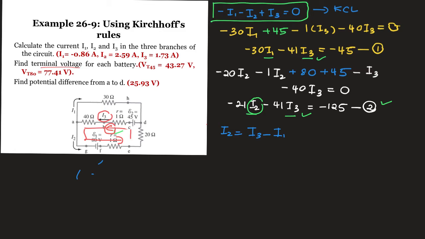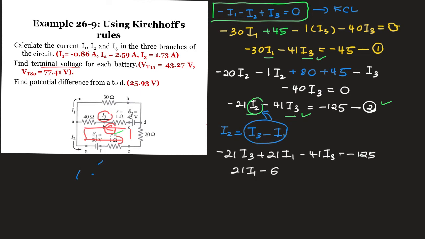I'm going to insert that into this equation, so I get negative 21 I3 plus 21 I1 minus 41 I3 equals negative 125. Simplify everything, and you get 21 I1 minus 62 I3 equals negative 125.